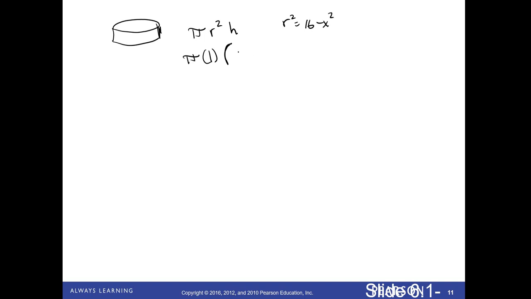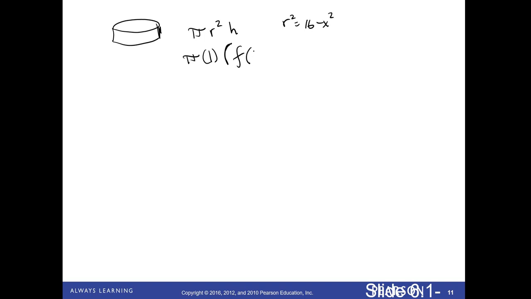So let's set this up. Remember, I'm getting the volumes of all these little cylinders added together. So it's going to be my pi r squared h. We already said that h is my dx, so in this case, 1. I'm going to use r squared, so each one of these is going to be the function evaluated at 16 minus x squared.